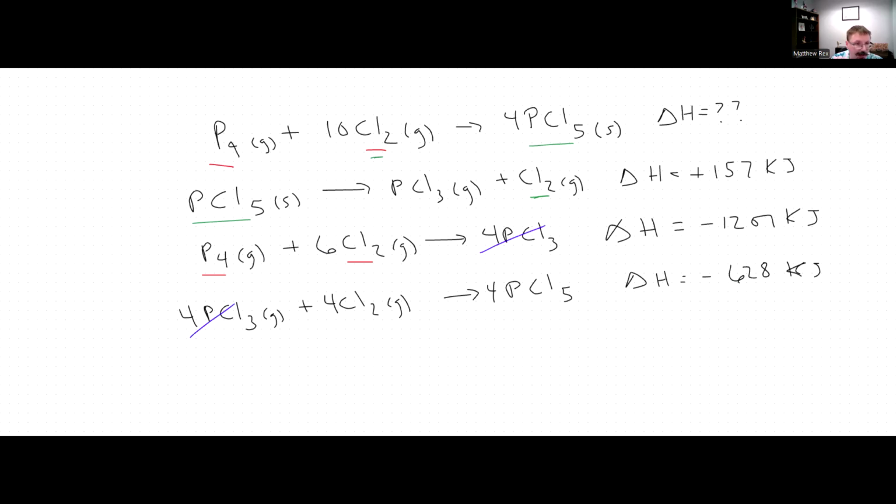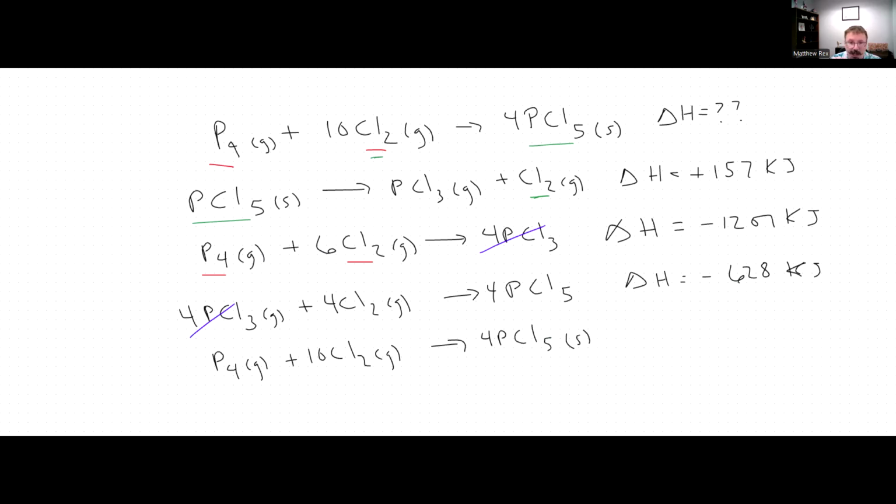So now I'm just going to add everything. I've got a single P4. I have 6 Cl2s here and 4 there. So together, they're on the same side of each reaction. They're going to combine into 10 Cl2s. And then I'm going to have my 4 PCl5 here. And again, this matches the final reaction I want to get to.